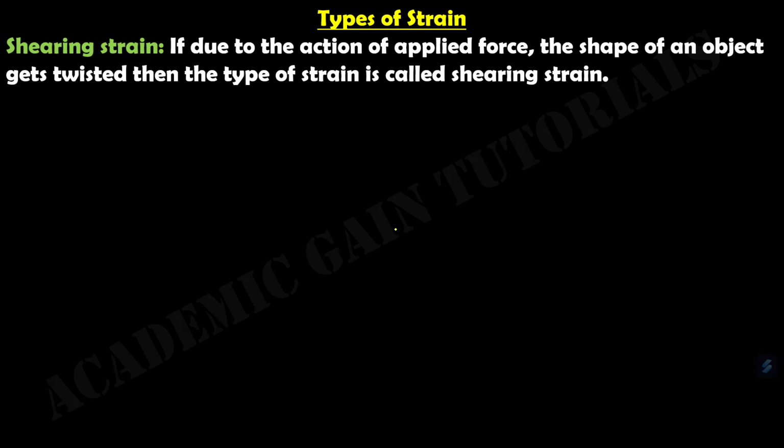It says that if due to the action of applied force, the shape of an object gets twisted, then the type of strain is called shearing strain. As a result of this, the stress developed within the body is called shearing stress. We will not consider stress now, only the strain.